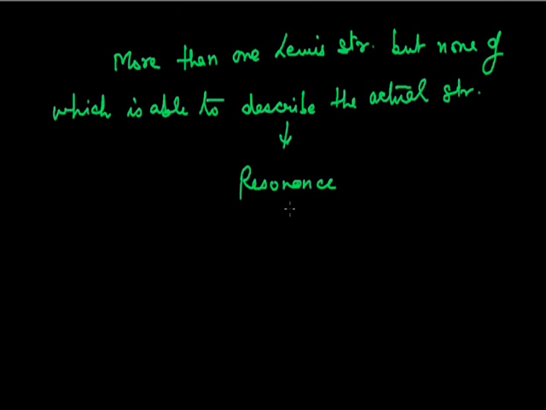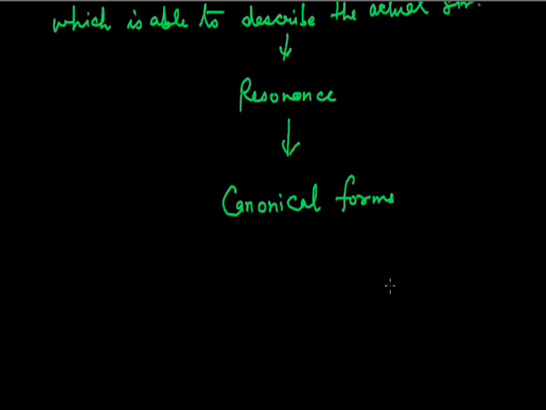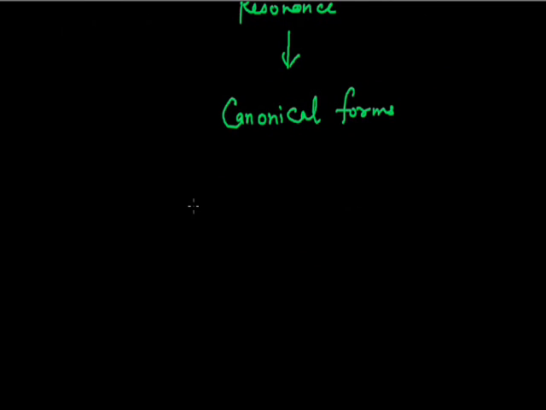In resonance, the various structures which are used to represent the molecule are termed as canonical forms, and the actual structure is known as the resonance hybrid.